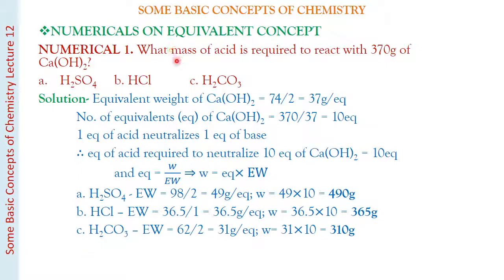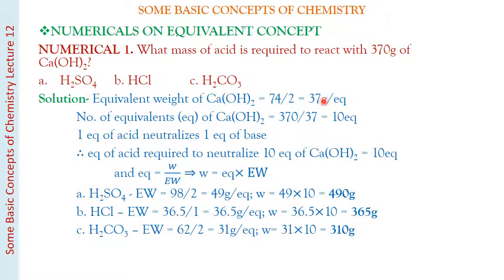The first numerical says, what mass of acid is required to react with 370 grams of calcium hydroxide? The first acid is H2SO4, the second is HCl, and the third is H2CO3. The equivalent weight of calcium hydroxide is 74 divided by 2, which is 37 grams per equivalent.